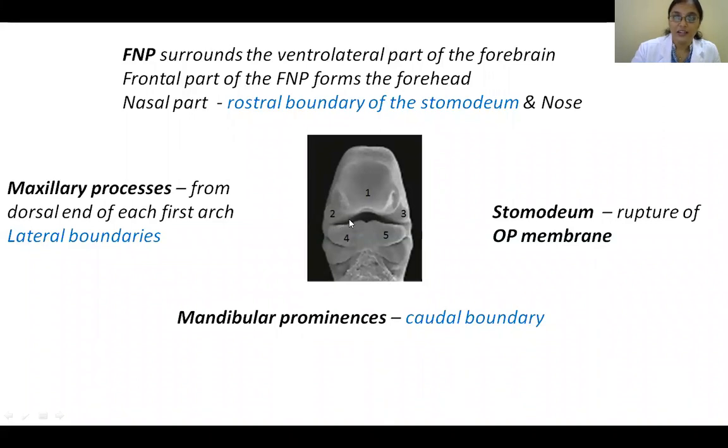Now this stomodium, what is there deep down in the stomodium? We have an oropharyngeal membrane. But this oropharyngeal membrane cannot be there throughout the embryonic and fetal period, because there should be a communication of the mouth with the digestive tract. If you remember when we talked about the amniotic fluid during the general embryology part, the fetus swallows the amniotic fluid and the kidneys produce the amniotic fluid.